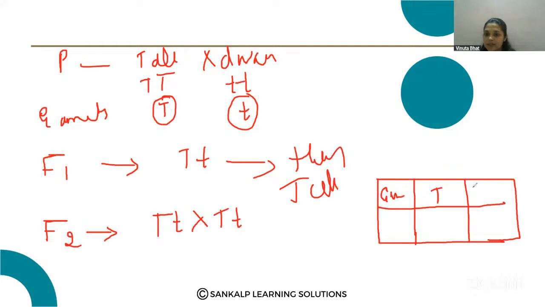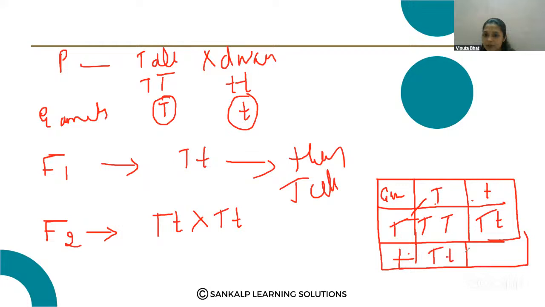capital T gametes anna baribeku, small t, and here capital T, capital T, here small t. Okay, so just multiply this T, capital T, and idanna add maadi bareeri, capital T, small t, then small t, capital T, so that is capital T, small t, last one small t, small t.